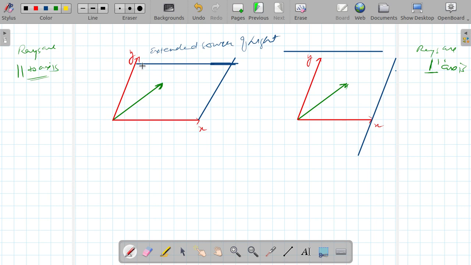And now this will throw radiation, or this will throw light, in this way. So it will throw the light parallel to the y-axis. This is parallel to the axis. It's a very interesting case.